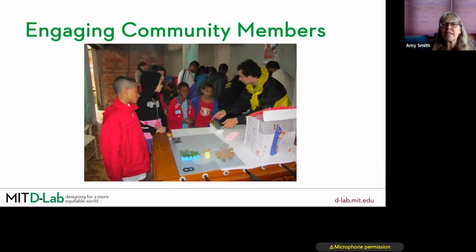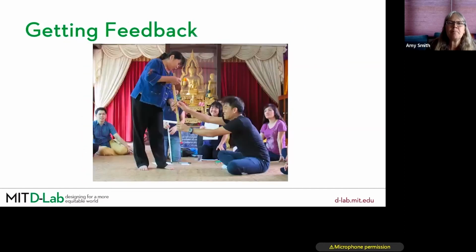So this was a sketch modeling session where community members could give their input on an urban agriculture project, looking at where and how they might like small gardens to be placed in relationship to their homes. You can use sketch modeling for getting feedback on prototypes and therefore getting good user input into your designs. And these are some of the different ways that we can use sketch modeling in order to promote inclusion.